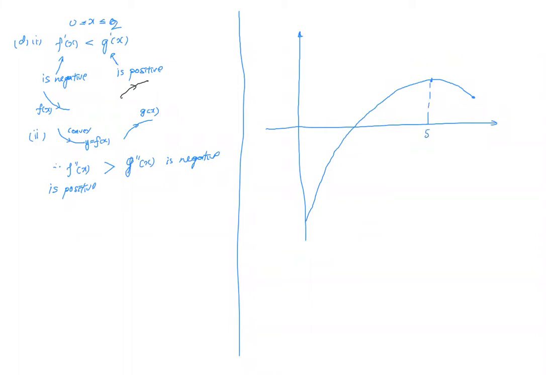Okay, look, for your g prime x you have to be very careful, because the gradient along any part of your g prime x, even if it's positive, is less. So if you're starting, this distance must be less than this distance.